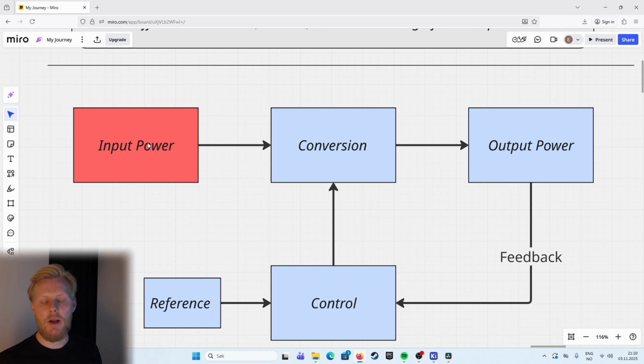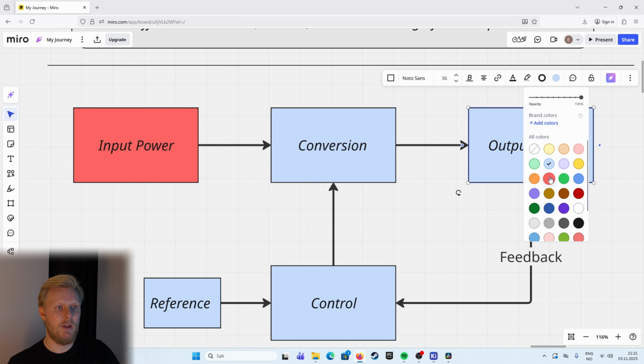The input power has some electrical properties, which we're not going to go into right now, but let's just say that it's unique for this specific block. And our design aims to achieve another set of electrical properties, which is the output power.